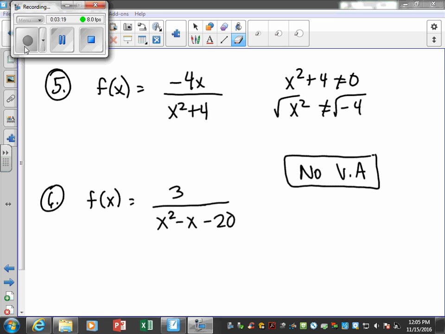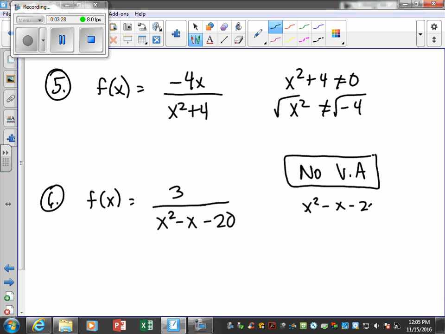If you have factors like this, we would take our denominator and set it not equal to 0. What factors to multiply to give us -20 but add to give us -1? That's x minus 5, x plus 4. Set each of those terms not equal to 0 and solve, so x minus 5 is not equal to 0 and x plus 4 is not equal to 0.